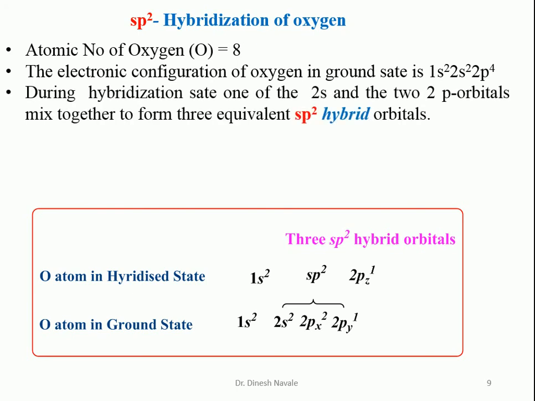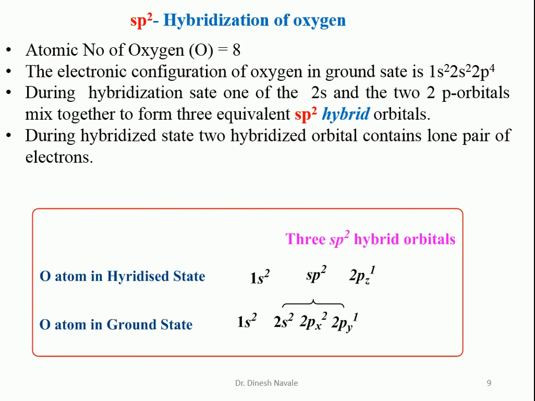So during the hybridization step, one 2s orbital and 2 2p orbitals will be mixed together to form 3 equivalent hybridized orbitals, and the 2pz orbital, which is unhybridized, will remain as it is during the process.